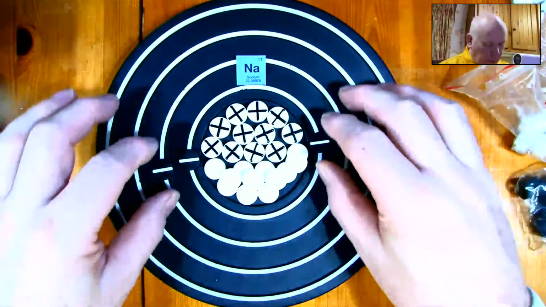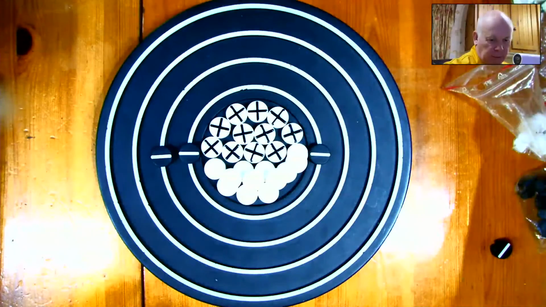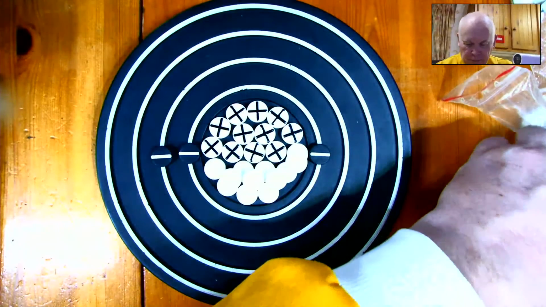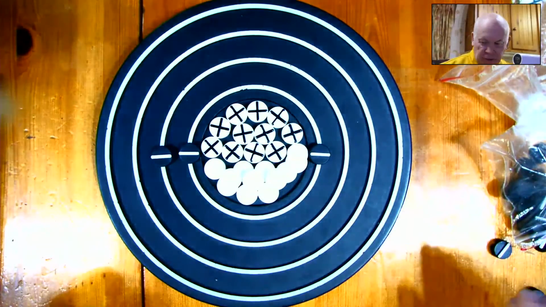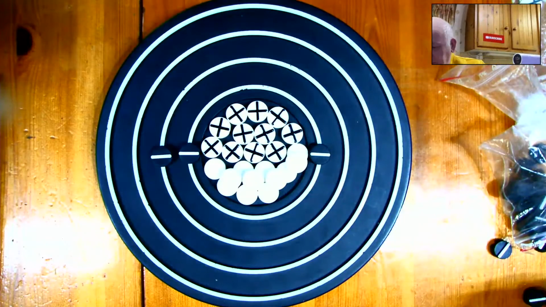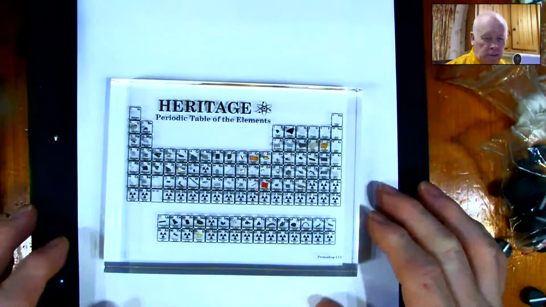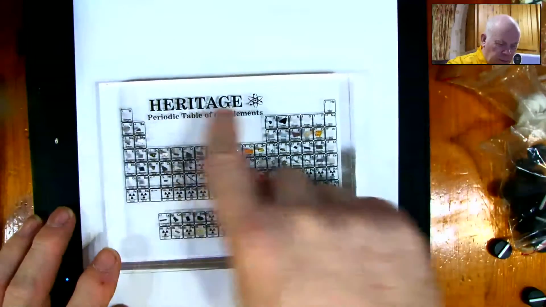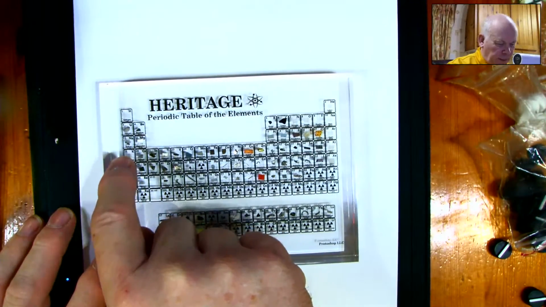Right, let's sort out the number of electrons that we need for this. So we've got sodium, and if we look at this back on the periodic table, sodium is in the 3rd row, the 3rd period.